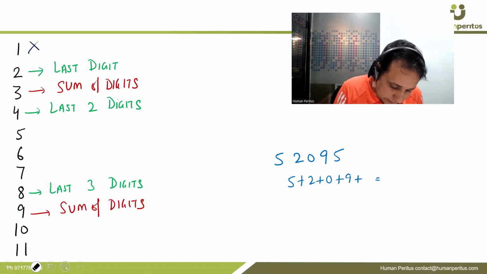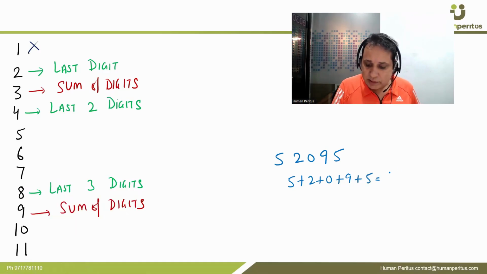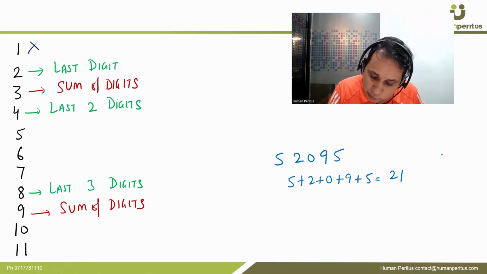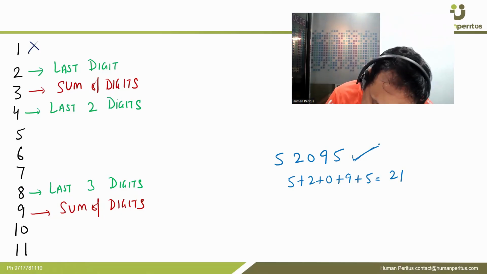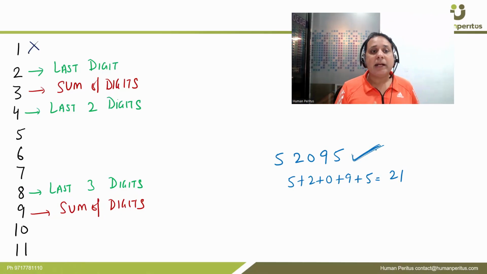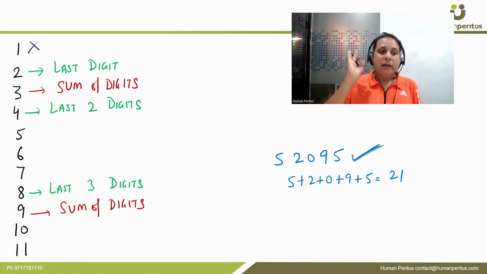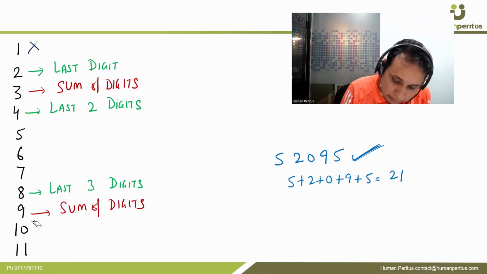Let's sum it up. I get 5 plus 2, 7, 7 plus 9, 16, plus 5, 21. So 21 is divisible by 3, yes. Is it divisible by 9? No. Therefore, this number is divisible by 3, but it is not divisible by 9. So guys, 3 and 9 also we have learned.